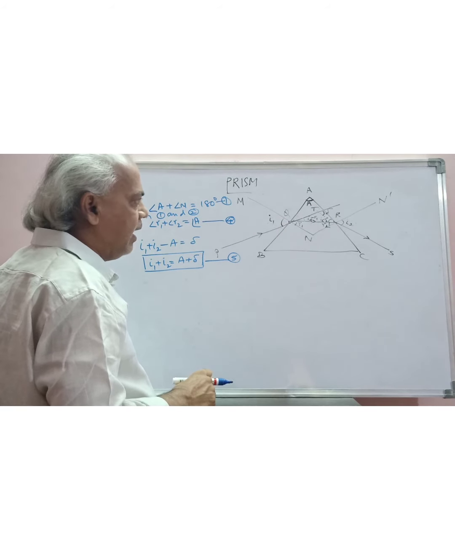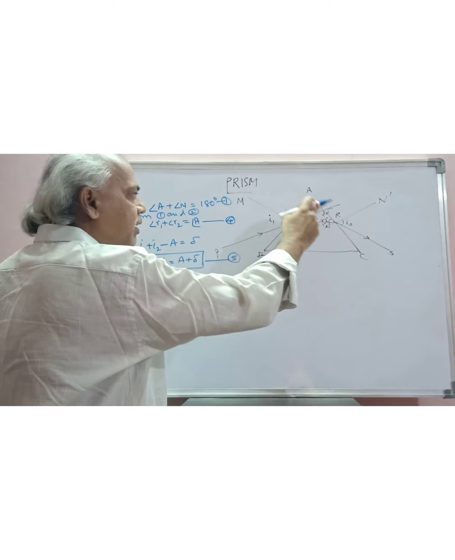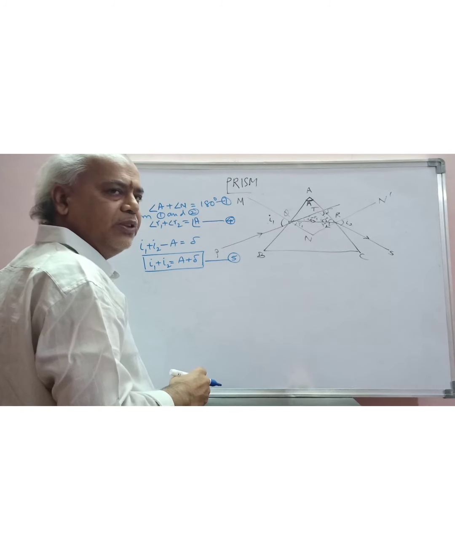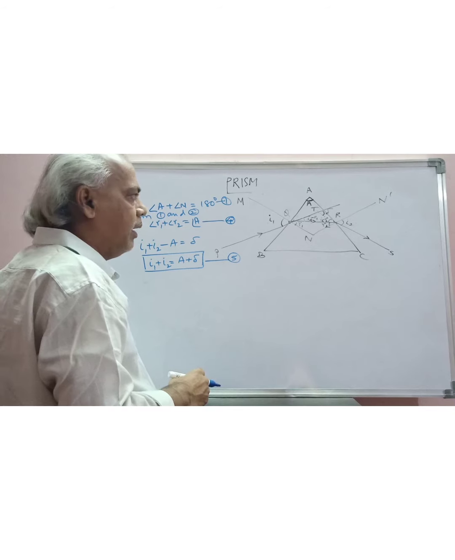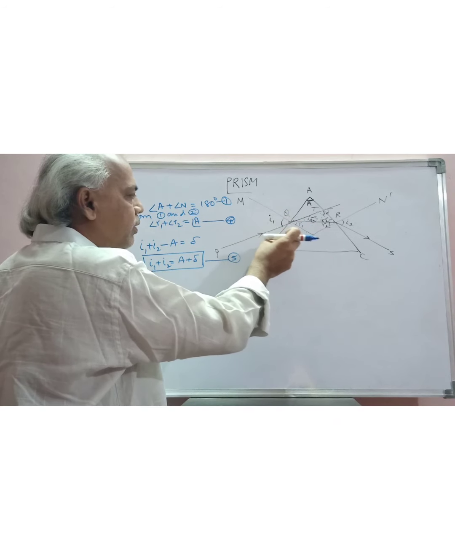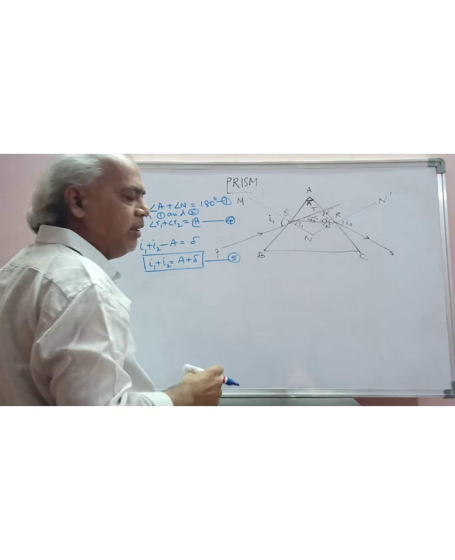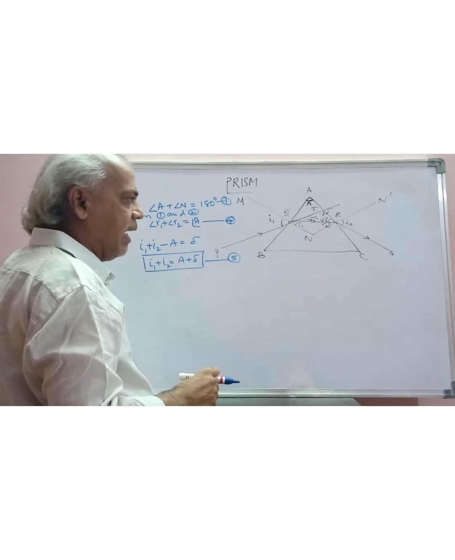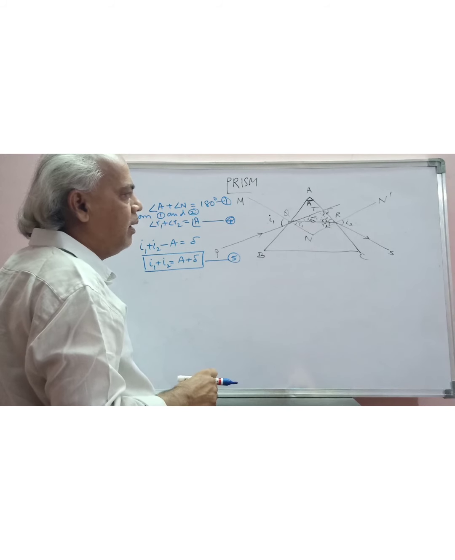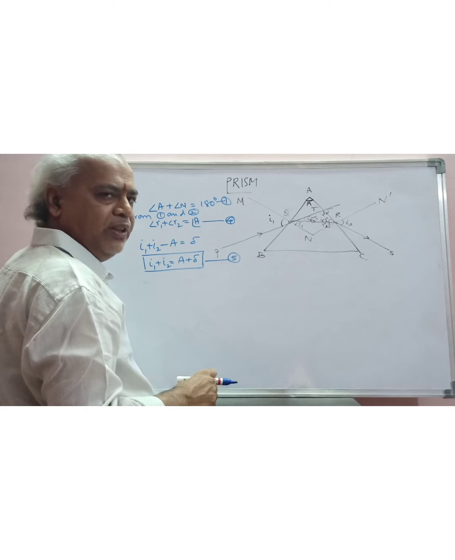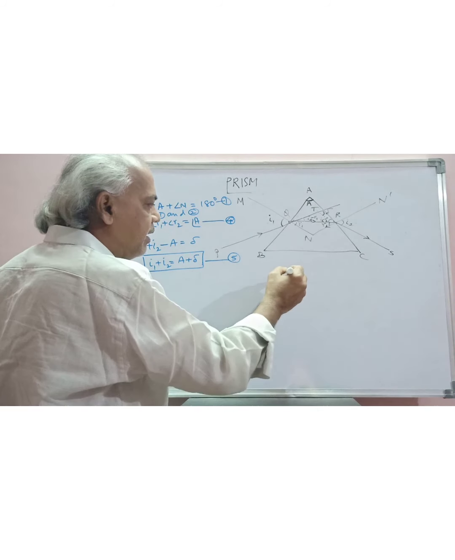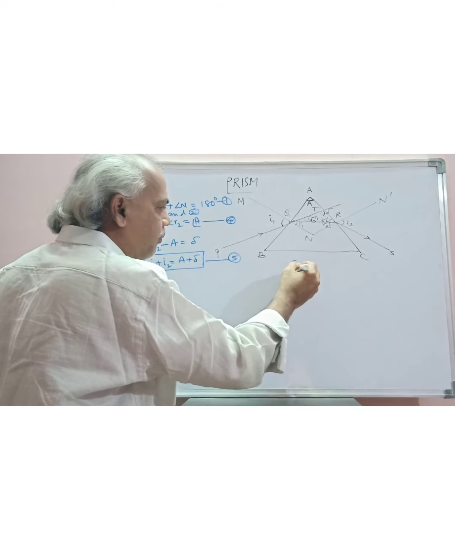Then again the angle of deviation increases with the angle of incidence. At the angle of incidence where the angle of deviation is minimum, that angle of deviation is called the angle of minimum deviation. That can be indicated by δm.